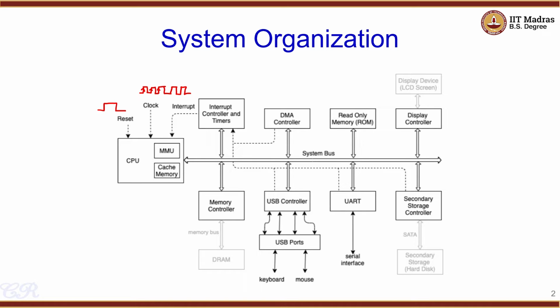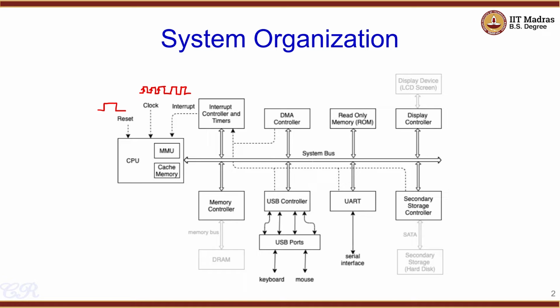From an operating system perspective, another important peripheral is the interrupt controller, right? So the interrupt controller essentially could send signals to the CPU to interrupt its execution. So aspects such as timers or any other device, if it wants to send an event to the CPU, it is sent with the help of these interrupts.